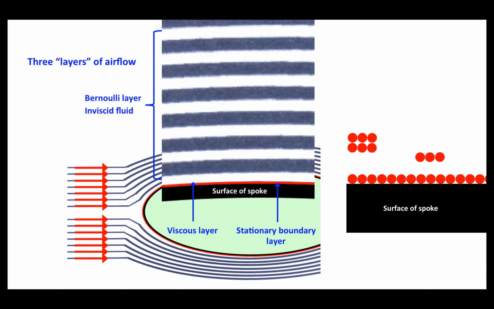This layer here moves faster, feeling less effect of that, and so on. So we see that the effect of the stationary boundary layer and the viscous layer penetrates only very shallowly into the Bernoulli layer. The resulting velocity gradient in the viscous layer tails off very quickly, and the thickness of it and penetration into the Bernoulli layer can be ignored.